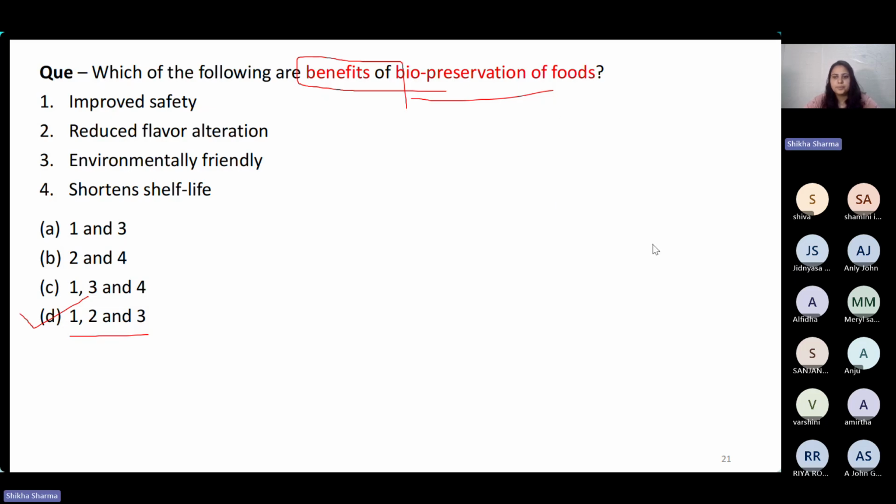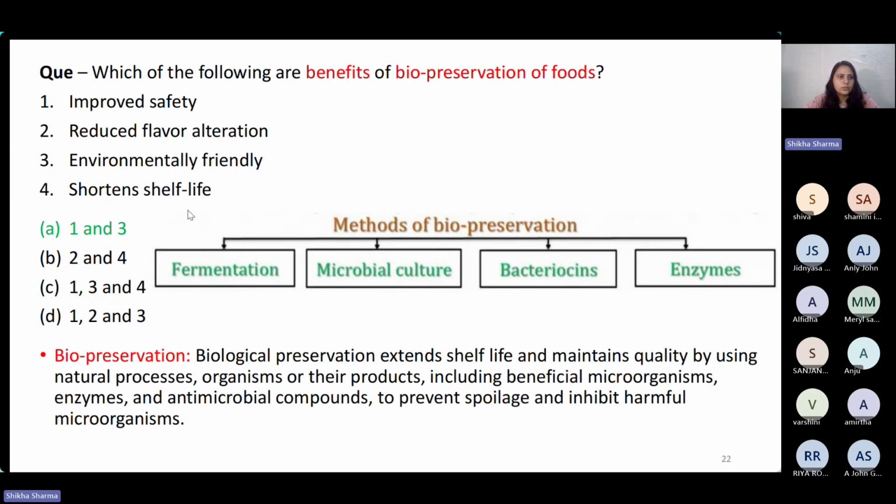Okay, let's see. So it is basically associated with 1 and 3. There are different methods of biopreservation, like fermentation, microbial cultures, bacteriocins, and enzymes.